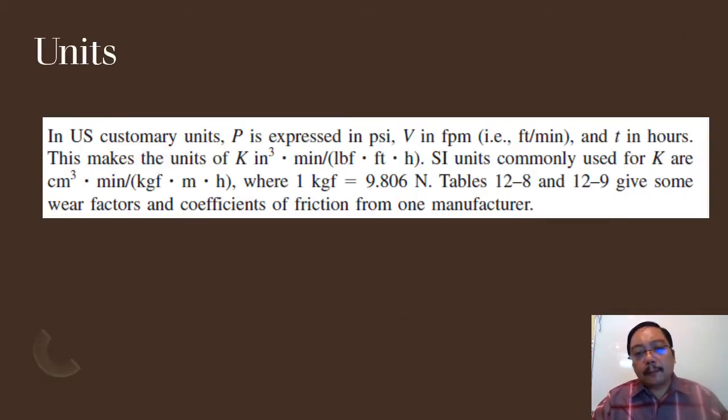It is the sliding displacement for the wear. Units in US customary units: P is expressed in psi, V in fpm, feet per minute, and t in hours. This makes the units of K in^3 min/(ft lbf h). SI units commonly used for K are cm^3 min/(kgf m h), where 1 kgf is 9.806 newtons. Tables 12-8 and 12-9 give some wear factors and coefficients of friction from one manufacturer.